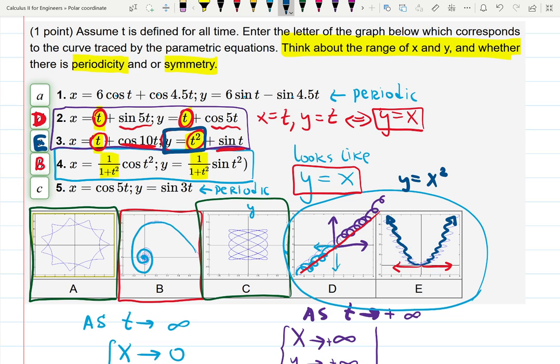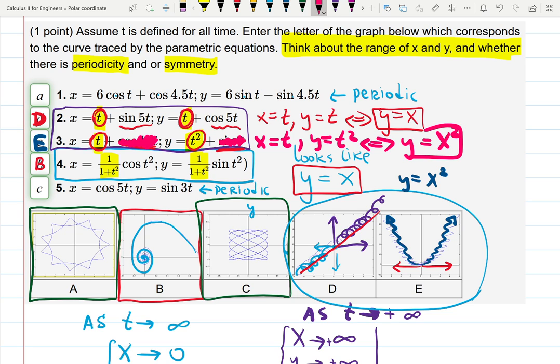Again, you can see the same idea I had before. If I imagine that this sine and this cosine are not there, I will have x equals t, y equals t squared, which means if I plug in t equals x, it will be y equals x squared, and that is a parabola, right?